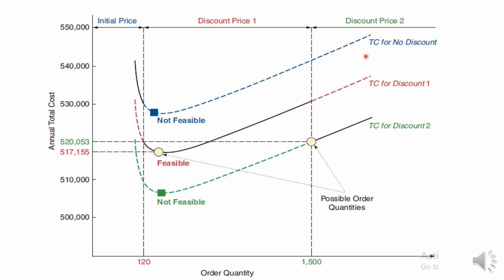There are three lines you see: blue, red, and green. The blue one is the total cost for the initial price, which has no discount.